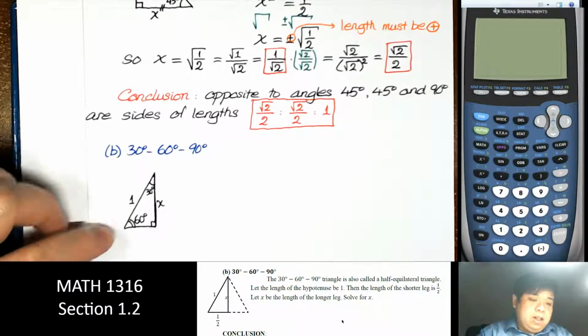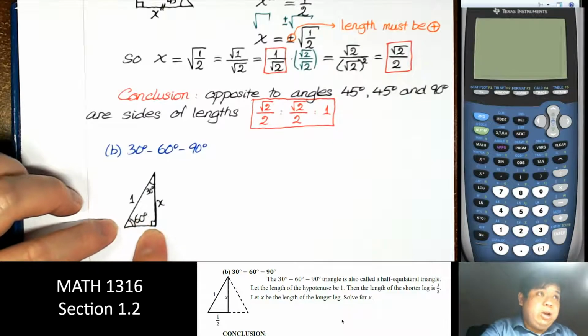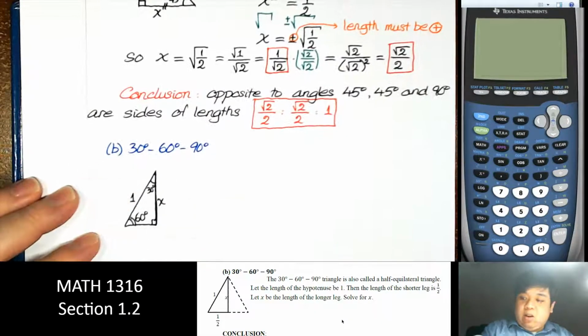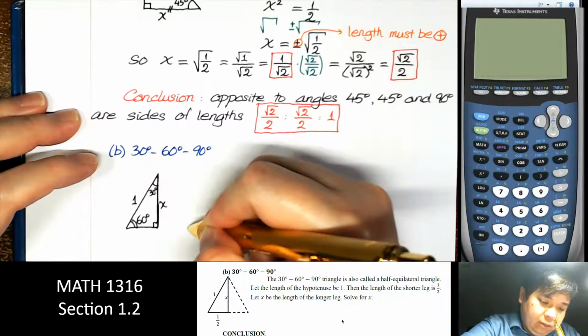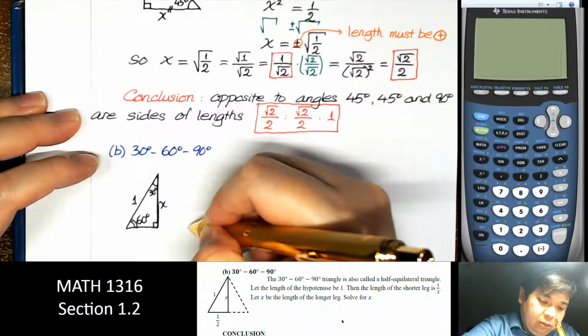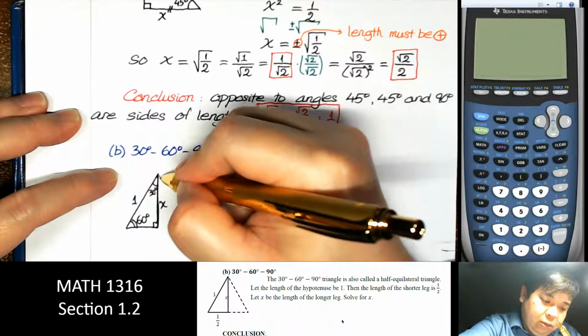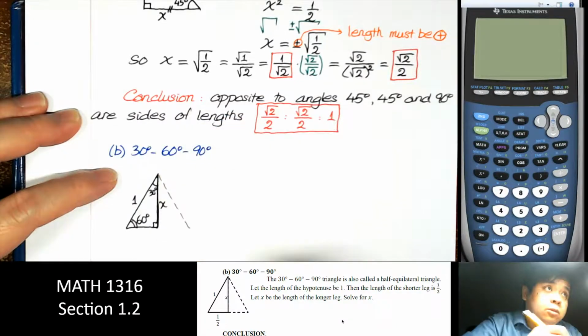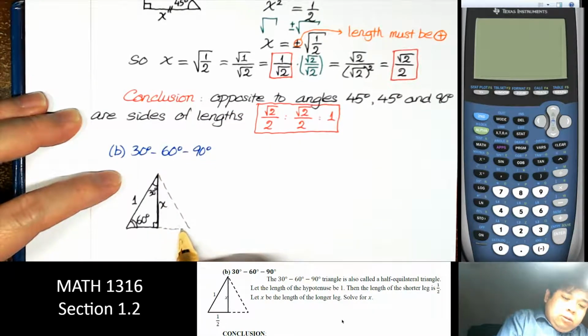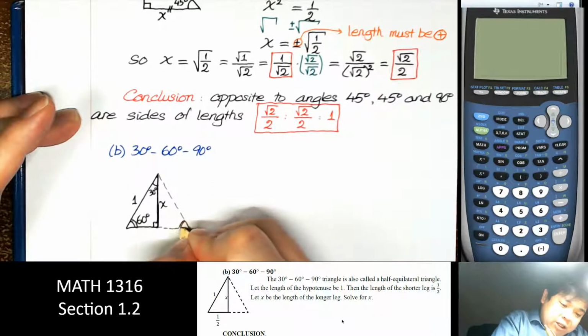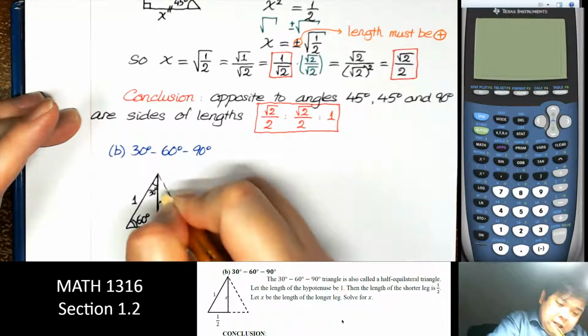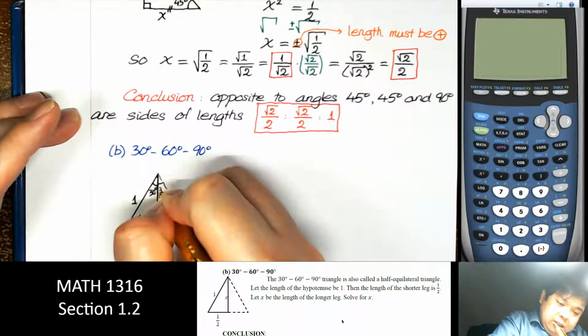Now, because this is a 30, 60, and 90 degree triangle, if we reflect it to the other side, if we flip this on the other side, this angle is also 60 degrees, and that angle is 30 degrees.